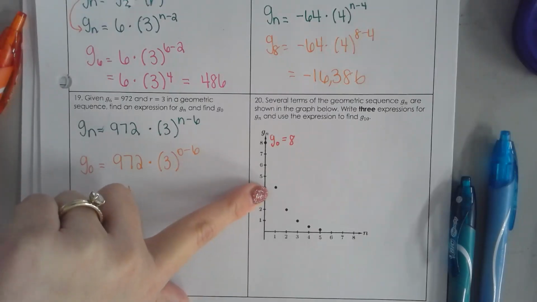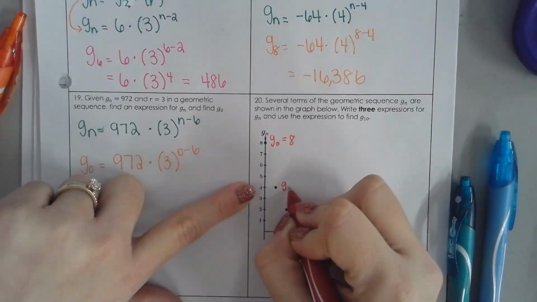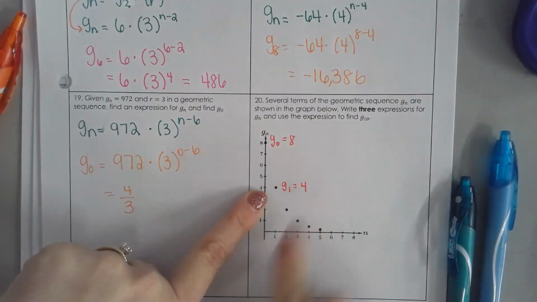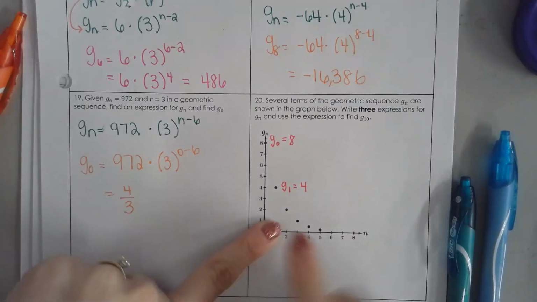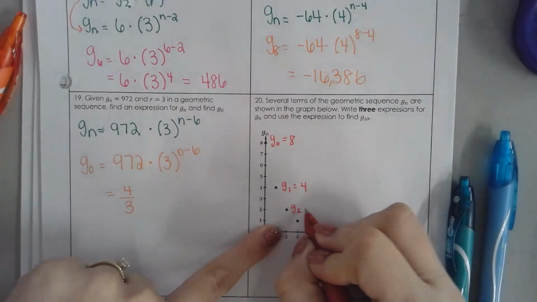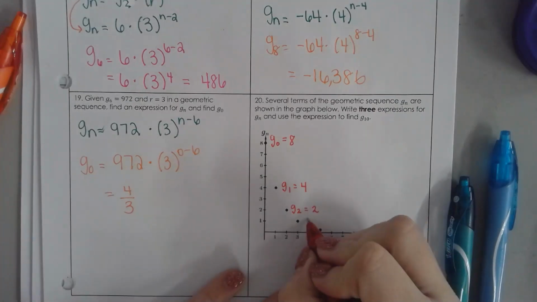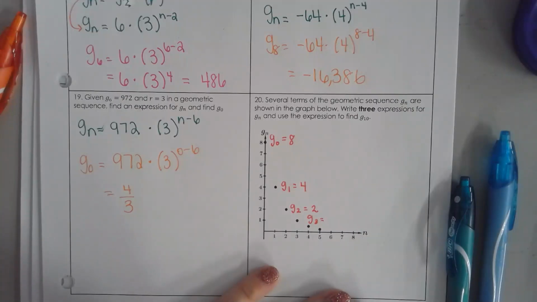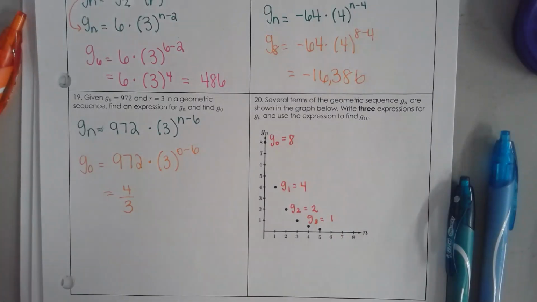The next point, G1 equals 4. The first term is 4. G2 is 2. G3 is what? 1. And we could keep going.